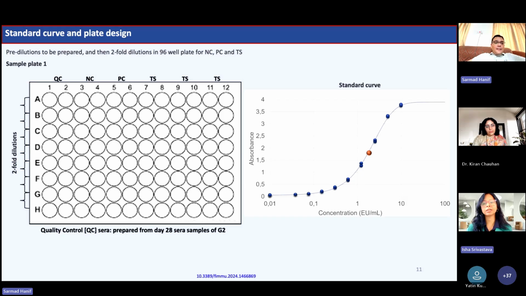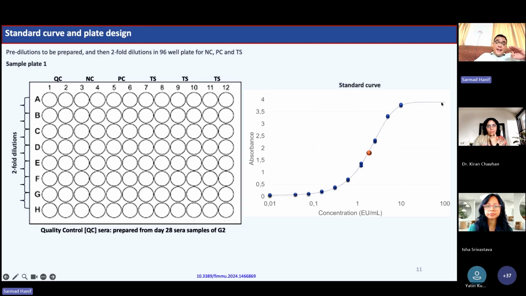For biological assays, the curve we get is a sigmoidal curve, S-shaped. It has a plateau at the bottom, then a log increase, and then a plateau at the topmost.